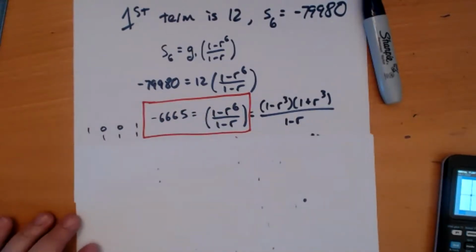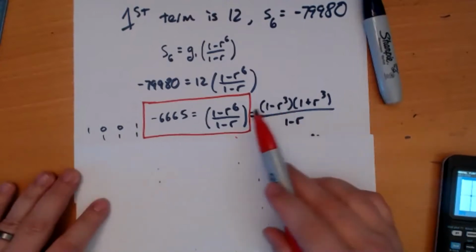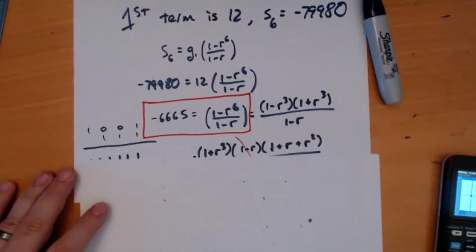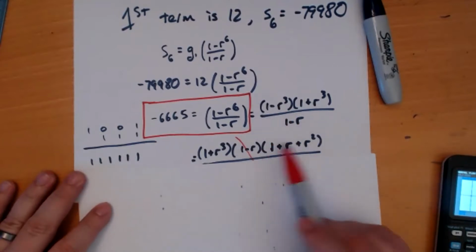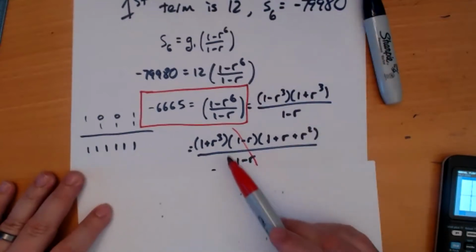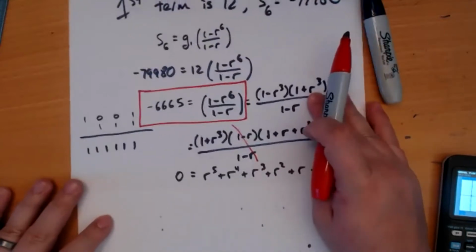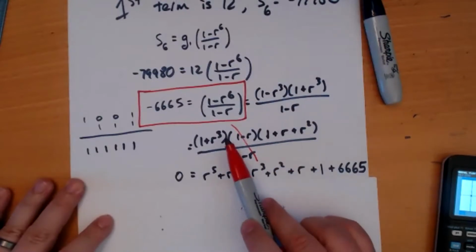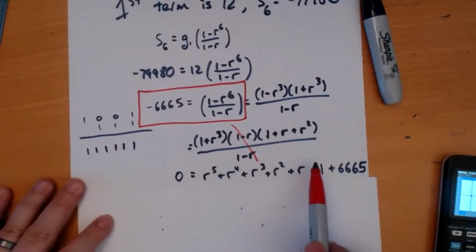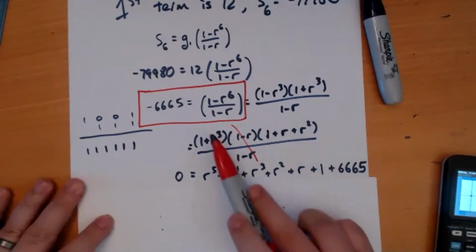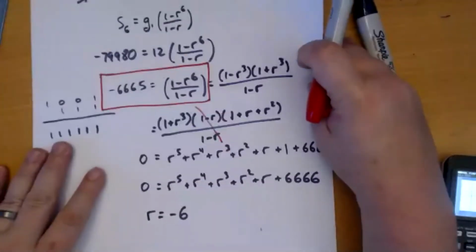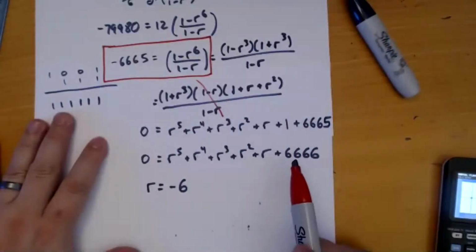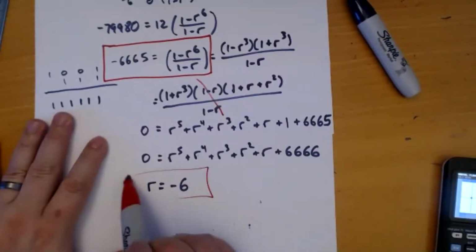But if you didn't have a calculator, you've got the difference of squares, and then the difference of cubes, and then you've got this polynomial times that polynomial, which is that polynomial. And then I move this over to the other side. Combine like terms and then graph it, and that's your answer.